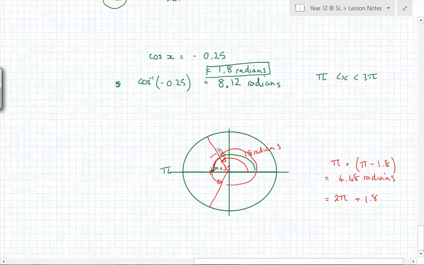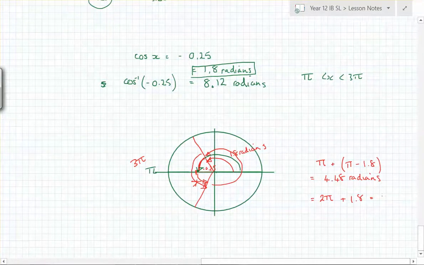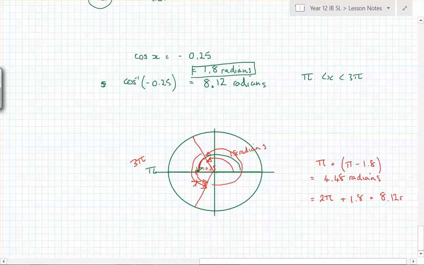And then I have to go again to that point, or do I? No, because 3 pi stops there. So this bit doesn't work. So 2 pi plus 1.8, you reckon, is 8.12 radians? So I've got my 2 solutions. Only 2 solutions in all of that. Okay?